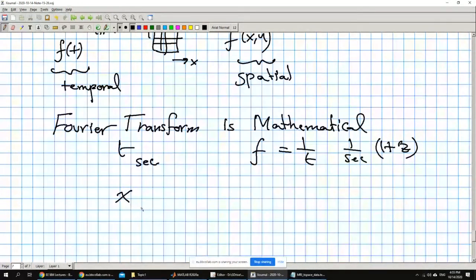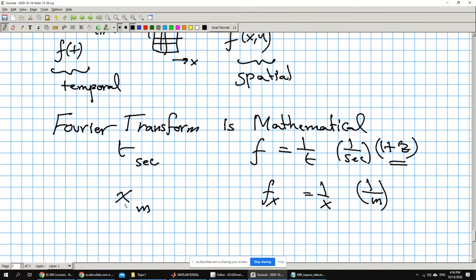If I have x with units of meters, I go here to fx, the spatial frequency x, and this has units of 1 over meter. It doesn't have a nice designator like hertz, but it's exactly the same as 1 over second.